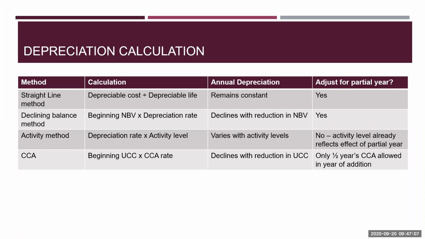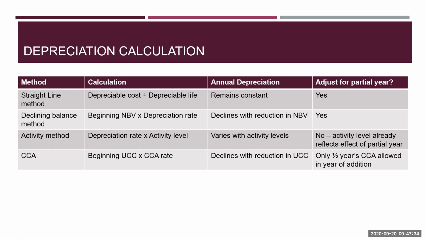Under the straight line method, we take our depreciable cost, which is your cost minus your residual value, divide that by your depreciable life, and your depreciable life is expressed in number of years here. Your annual depreciation remains constant, and if partial depreciation is needed, then we will go ahead and adjust that. This method is the easiest of all.